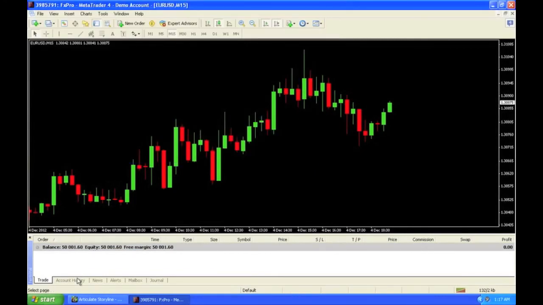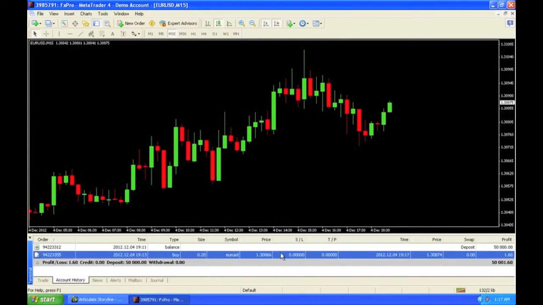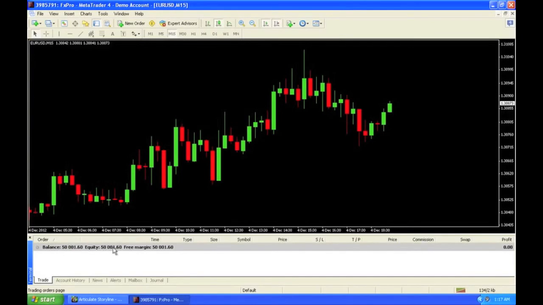And go to account history and see today there was a trade placed for 2 mini lots at this price, which was closed at this price at this time and turned a profit or loss, in this particular case a profit of $1.60, making my total balance now $50,001.60. You can see the equity goes back to normal. Your balance is also here because there is no running profit and loss. Your equity is simply the balance now. Free margin is also back to normal.